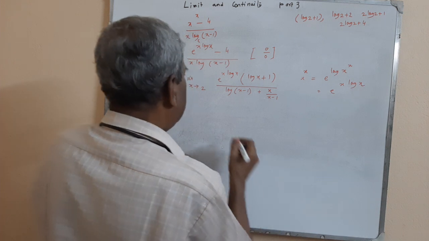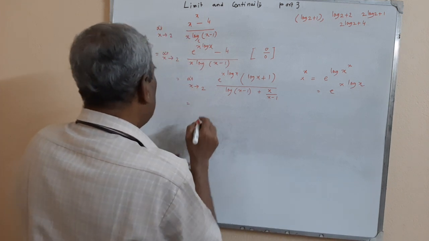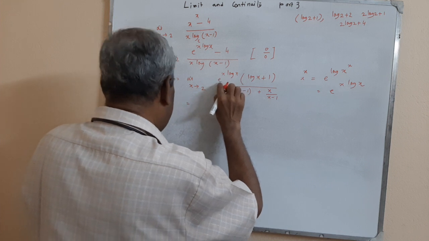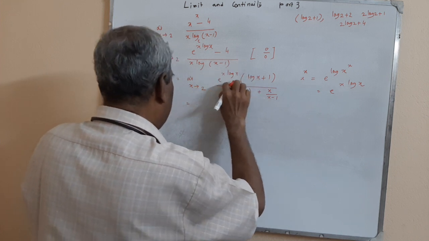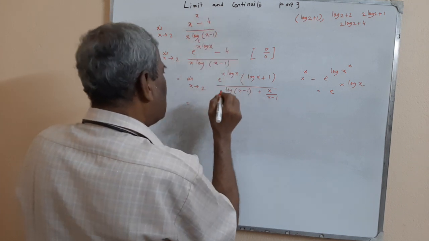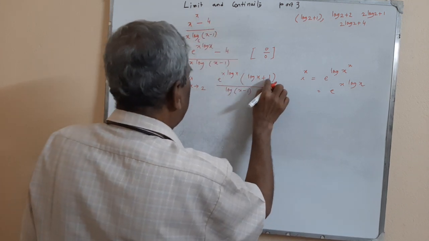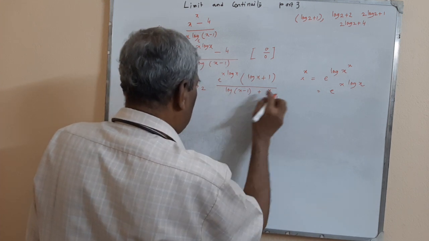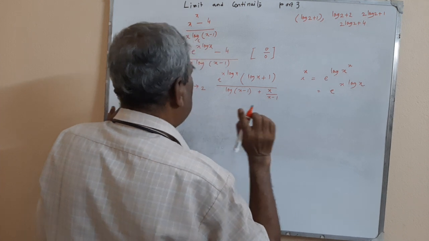So putting x equal to 2, actually this one is x to the power x, so it is 4. It is log 2 plus 1, by, this is 0 since log 1 is 0, by 2 by 1, that is 2.